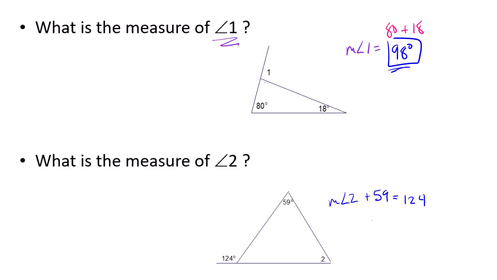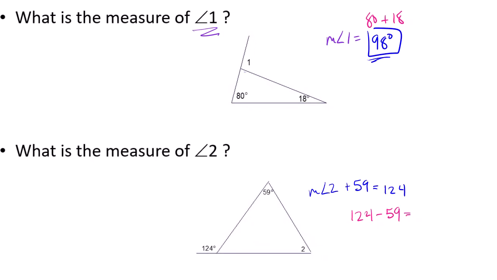And once again, if you're like, okay, I know these two add up to this, that means that 2 equals 124 minus 59. So one way or another, we're going to subtract 59 from 124, and that'll give us angle 2. And 124 minus 59 is 65 degrees.